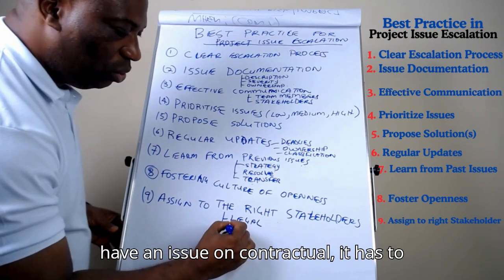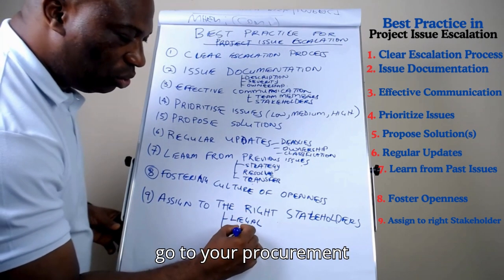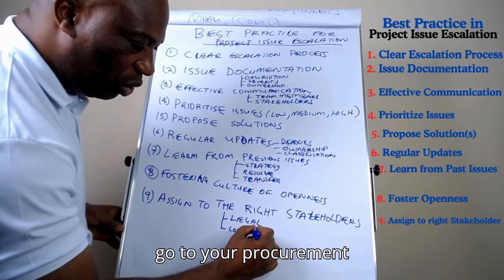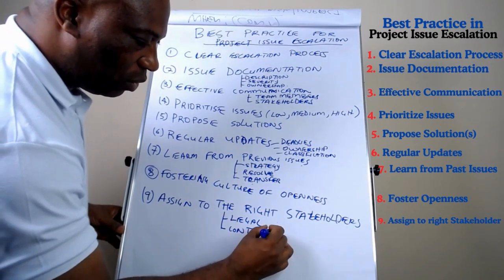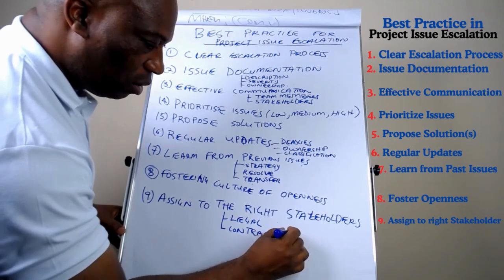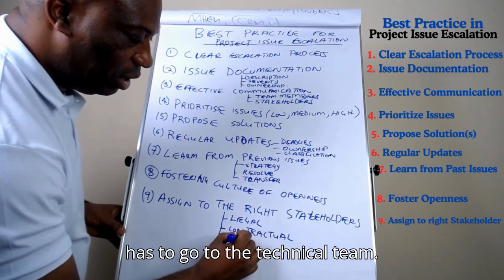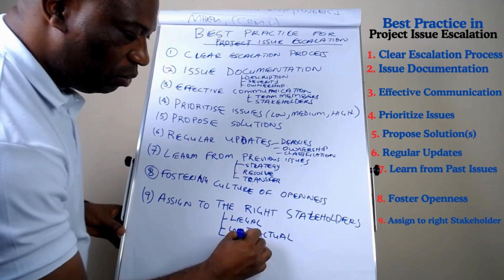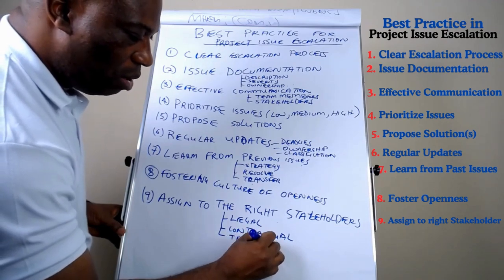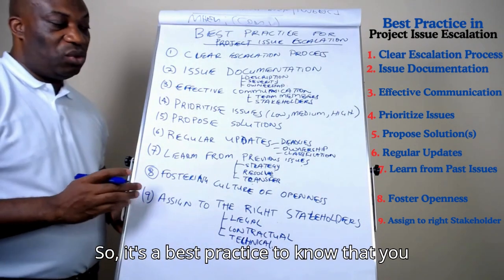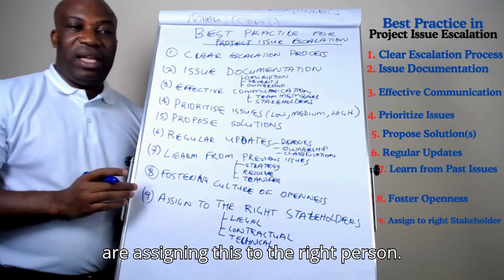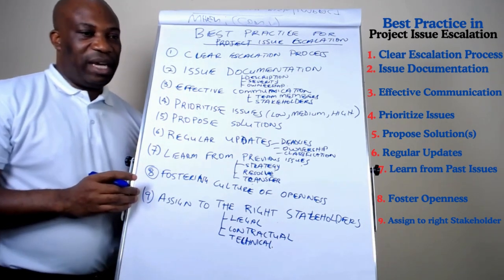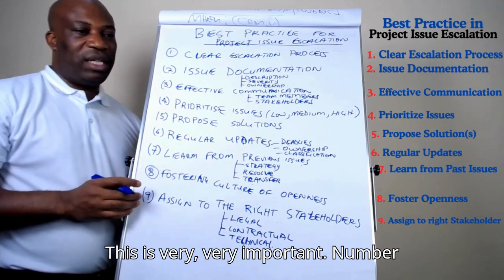You have an issue on contractual, it has to go to your procurement department. It could be something technical, it has to go to the technical team. So it's a best practice to know that you are assigning this to the right person. This is very, very important.